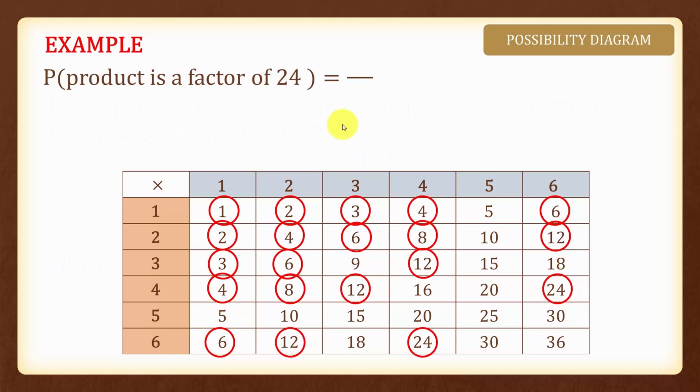And the total possible outcomes is 6 times 6. We will have 36 possible outcomes, out of which 20 of them are factors of 24. And therefore, the probability that the product is a factor of 24 is 5 over 9 after simplifying.